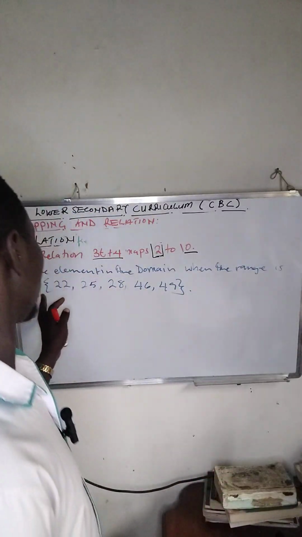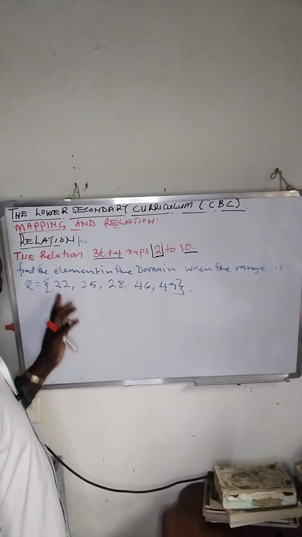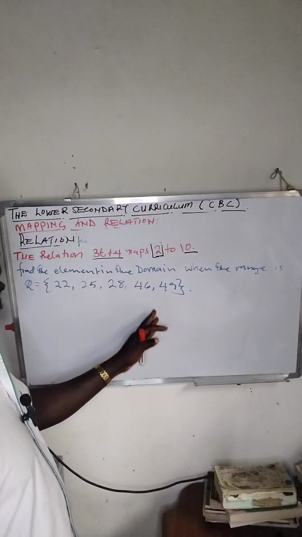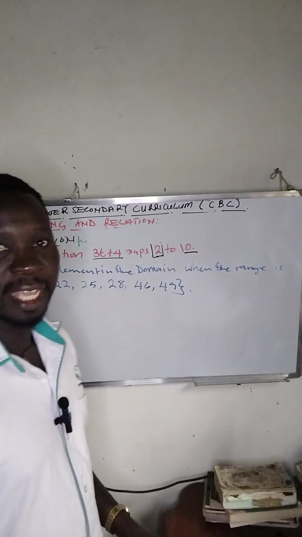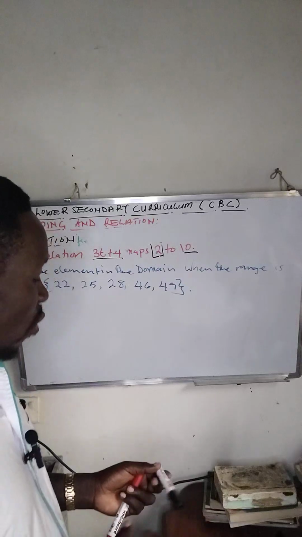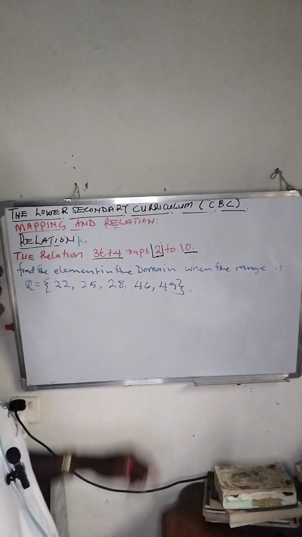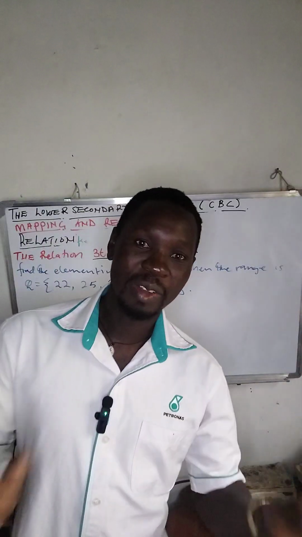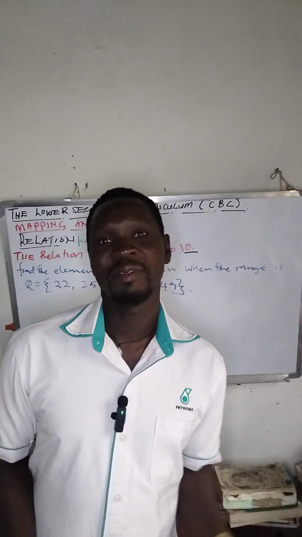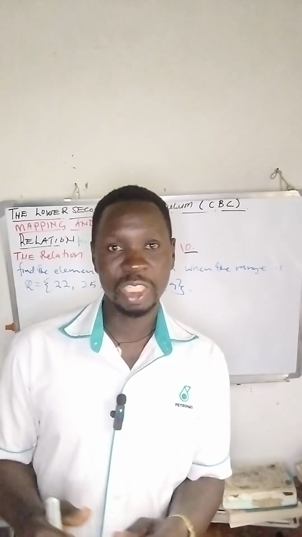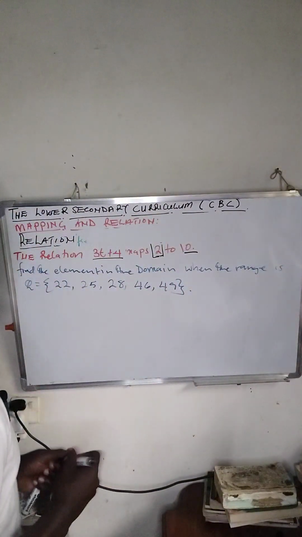The range is Q, which has members 22, 25, 28, 46 and 49. Are we together? Now they have given us the range and we need to obtain the values of the domain. When you understand the language, it becomes very simple, like we had in video 1 and video 2. Let us go and see.